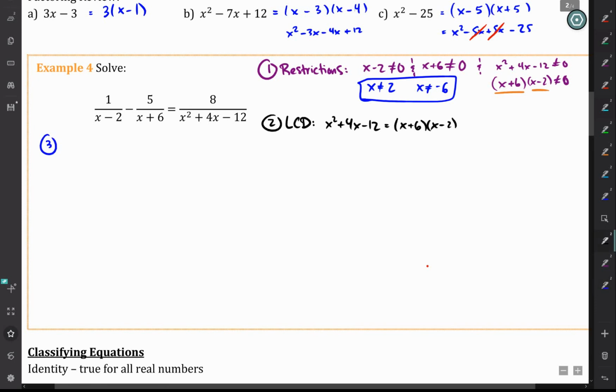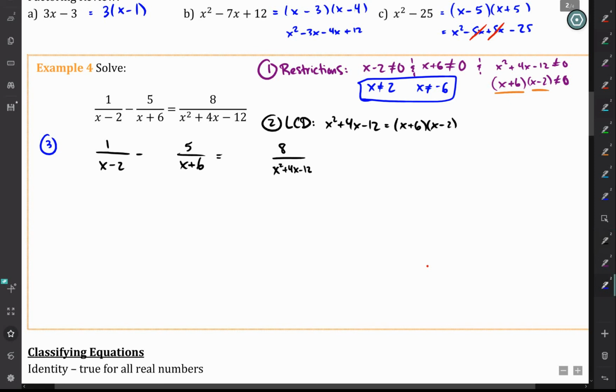So let me write this as 1 over x minus 2 minus, I'm going to leave some space here, because I'm going to be multiplying by the LCD. So minus 5 over x plus 6 equals, and again I'm going to leave a little bit of room, 8 over x squared plus 4x minus 12.